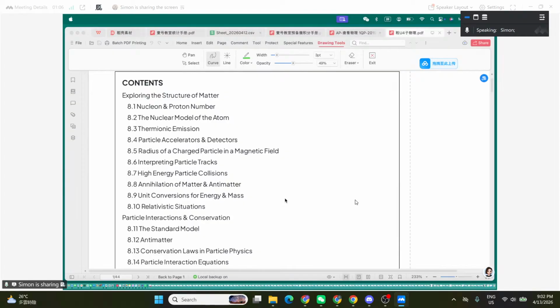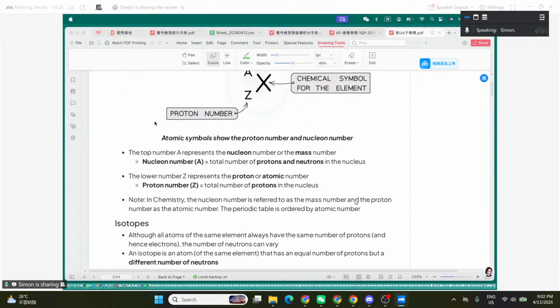And I want to know what is the basic unit of the composition of the electron or the proton or the neutron? So A.1 is really about the nucleon and proton number and about the nucleus model of atom. Look at it.